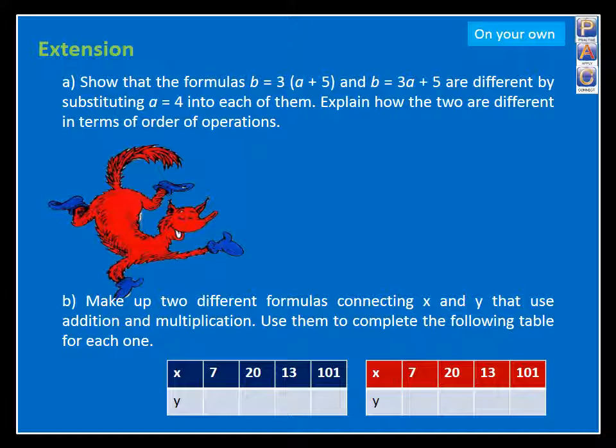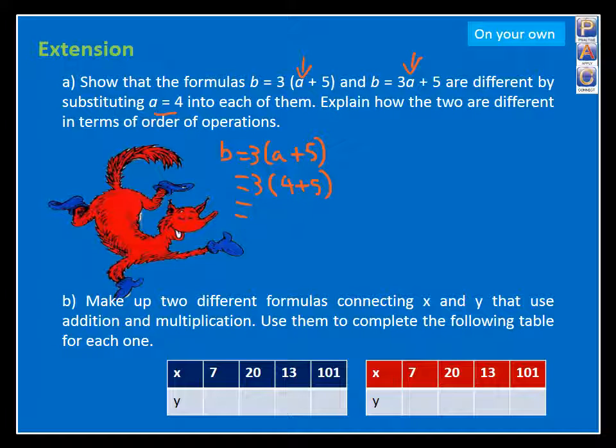With this first one here, it says show that the formulas are different by substituting that into each of them. If you put a 4 in there and a 4 in there, you'll end up with different results. I'll do that one for you. 3 outside of a plus 5, 3 outside of 4 plus 5.